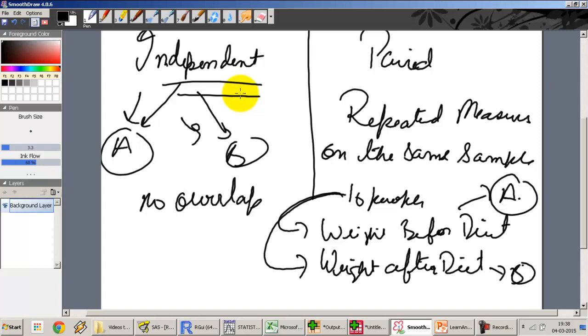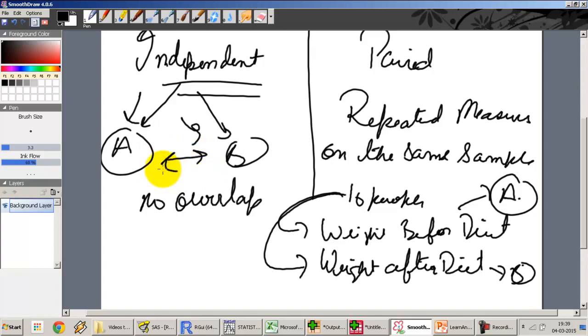So that's an example of a paired sample t-test. On the other hand, I divide the students into two groups. One of the groups does not study Manhattan, the other group studies Manhattan. Both of these two groups then go and give the exam, right? Did the exam performance change, or did one group score more than the other? Did Manhattan impact the performance? So that's an example of independent samples.